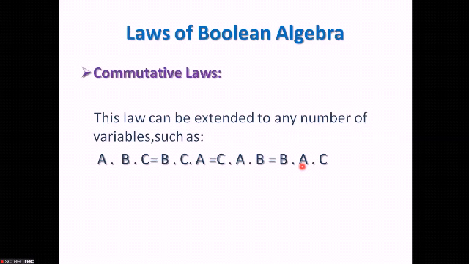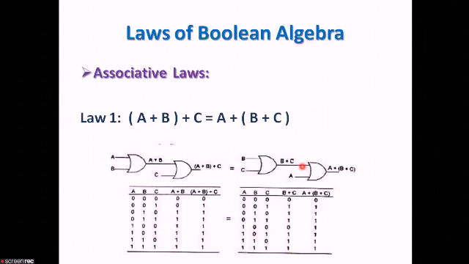Now, moving to the next law, the associative law, which falls under the laws of Boolean algebra. The associative law allows grouping of the variables. There are two associative laws. Law number one is (A plus B) plus C is equal to A plus (B plus C).